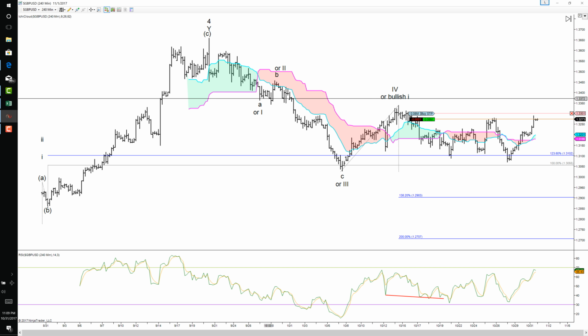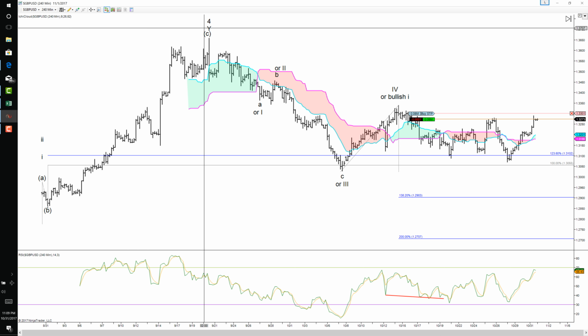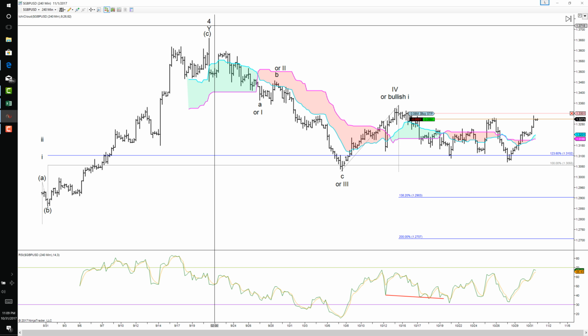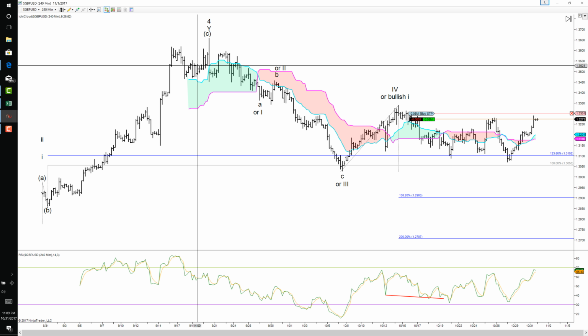Therefore, you can change it to an A, possibly B or C, but if that's the case, well, then this is not the end of wave 4. And we're pretty much still in a correcting.